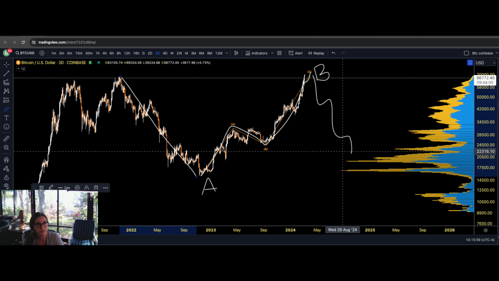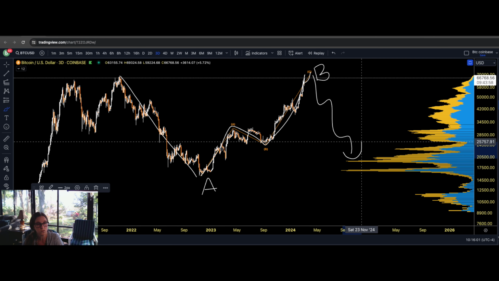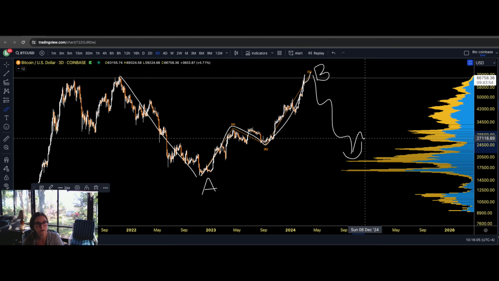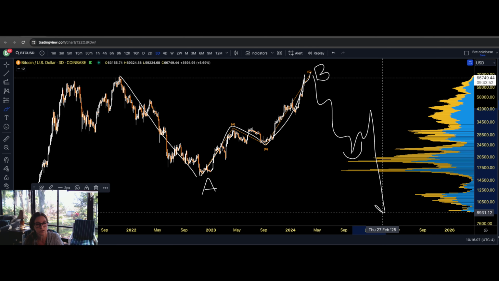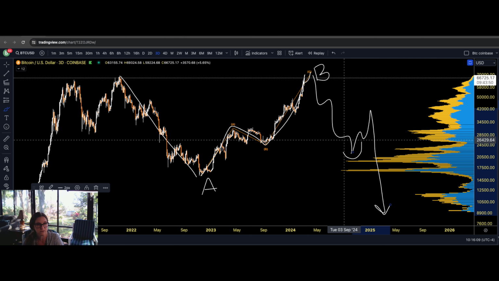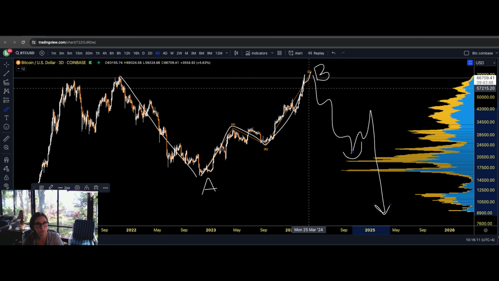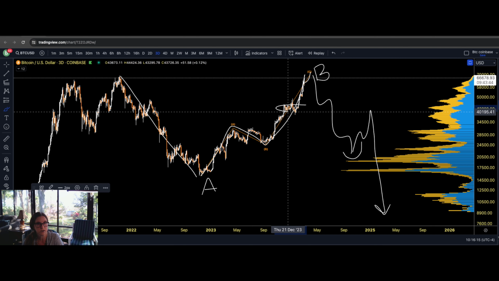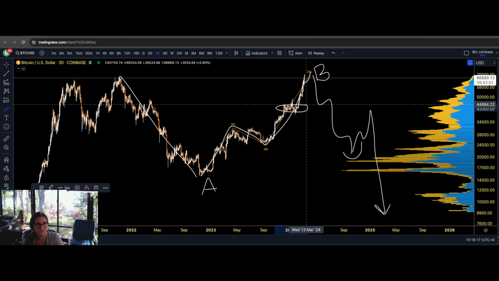Hopefully, if this happens, Bitcoin will make a higher low. That is the first option. The second option is that it bounces and makes a deeper correction and an expanded flat. I wouldn't worry about this scenario until Bitcoin breaks market structure and comes through 43,500.